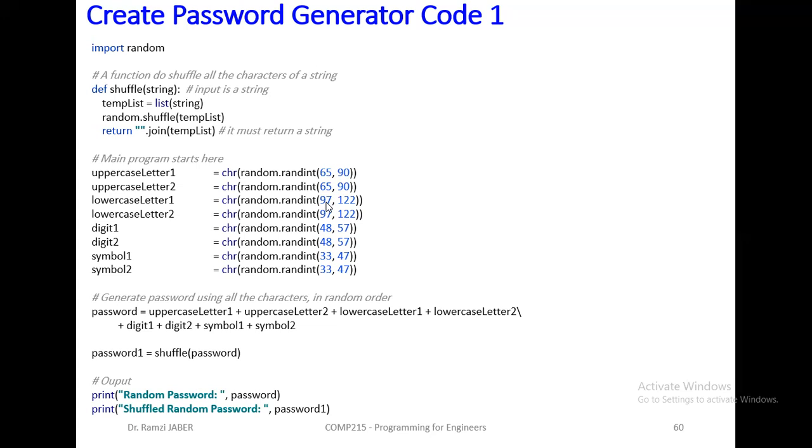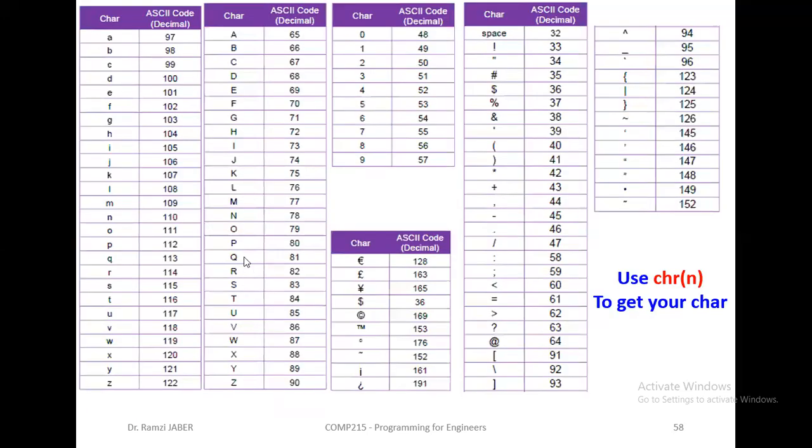From 97 to 122 gives us small lowercase letters. Digits are from 48 to 57. They are all here. Small a to small z is from 97 to 122, and big A to big Z, capital letters, is from 65 to 90.